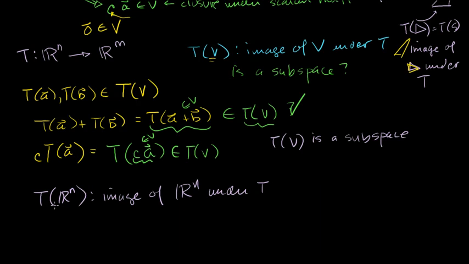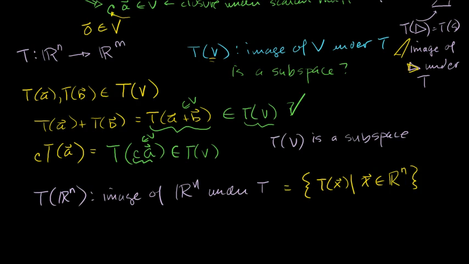What do we get when we take the transformation of all of the members of Rn? This is equal to the set of the transformation of all of the x's where each x is a member of Rn. So you take each of the members of Rn and transform them, and you create this new set. This is the image of Rn under T.